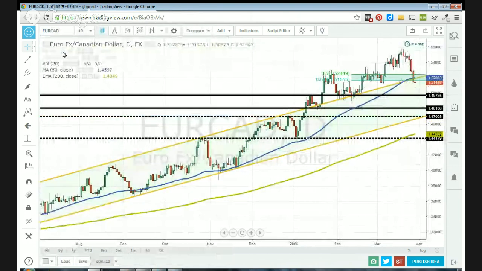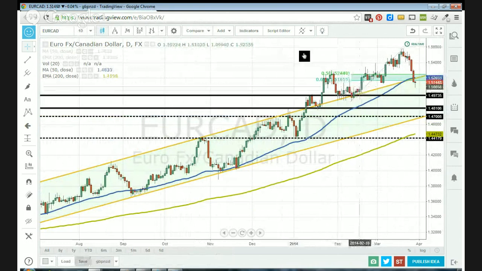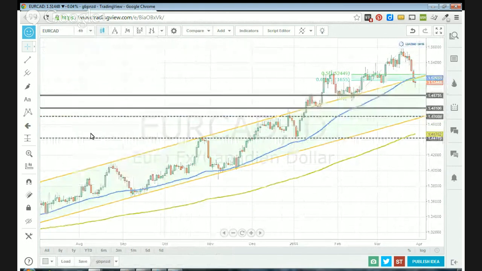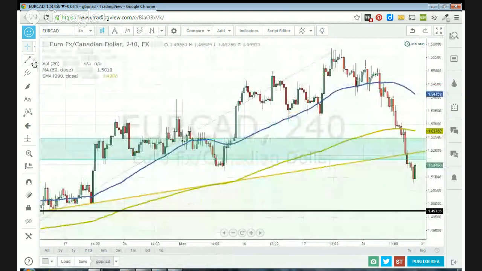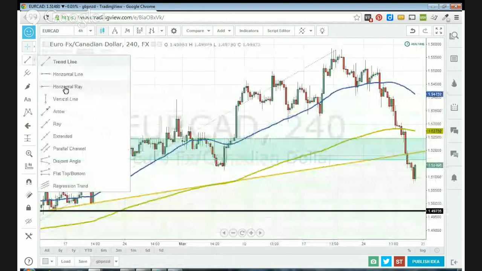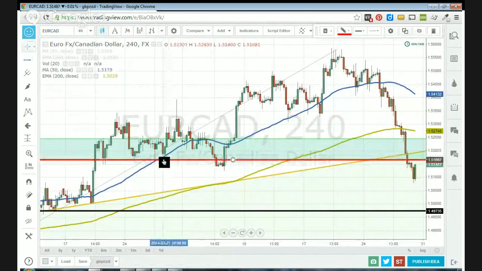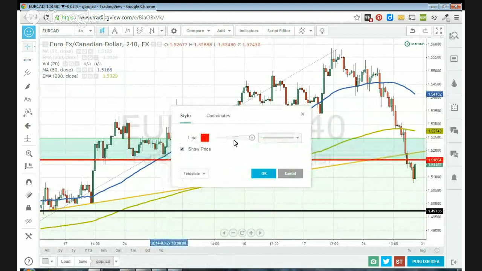Euro Canada. This also is looking pretty good. It's at that 61.8 Fibonacci level that I wanted it to be at. Let's take a look at the 4-hour chart. And you can see, shoot. Don't want a ray, but a line. Make it a bit thinner.